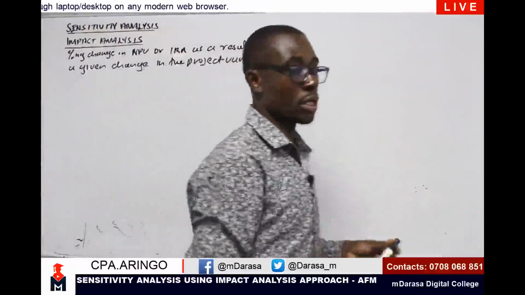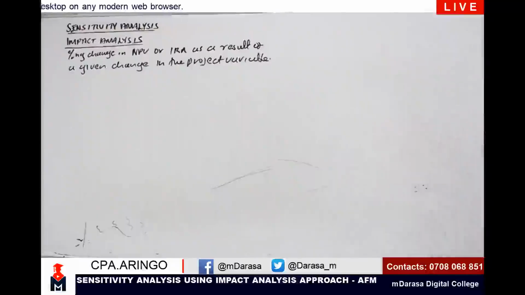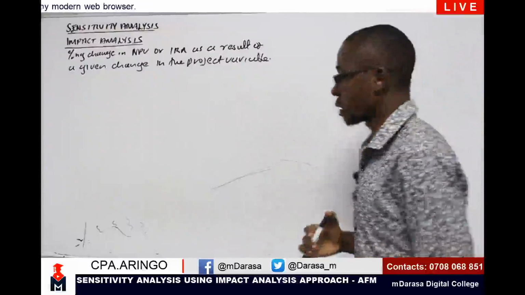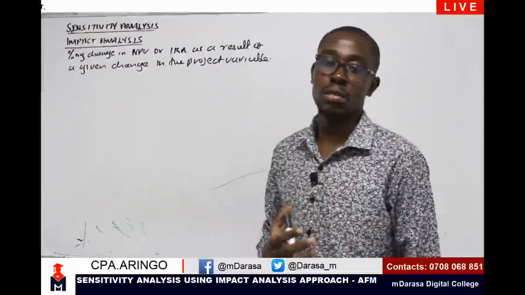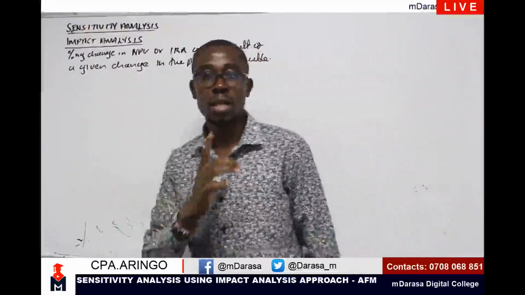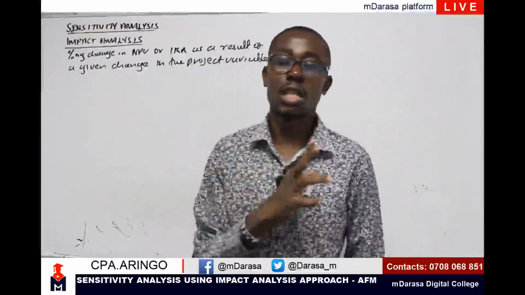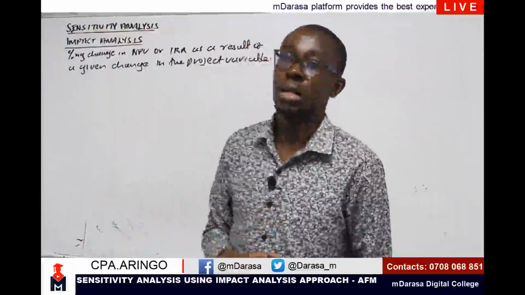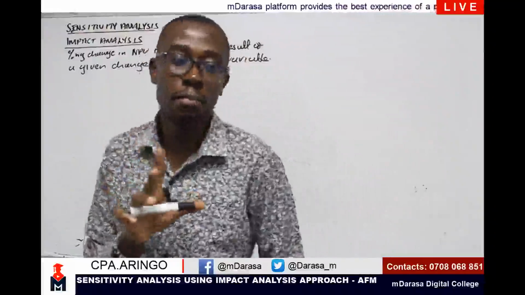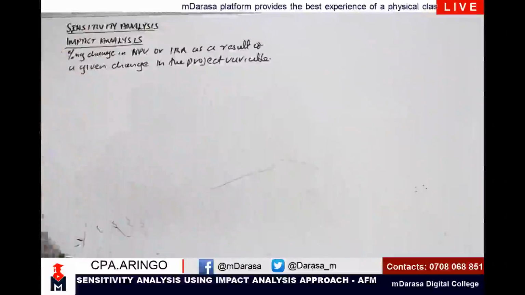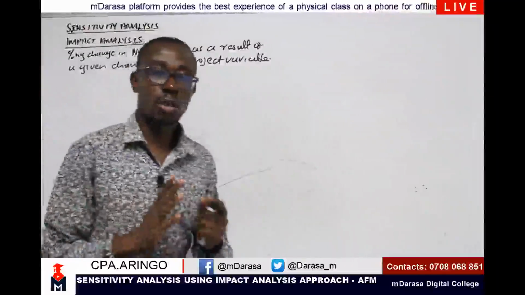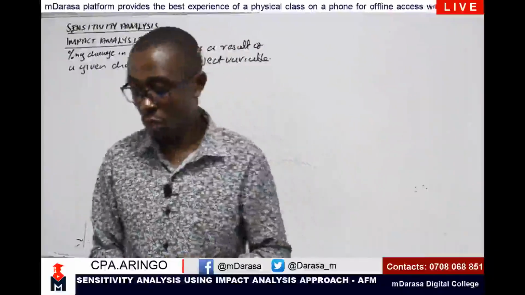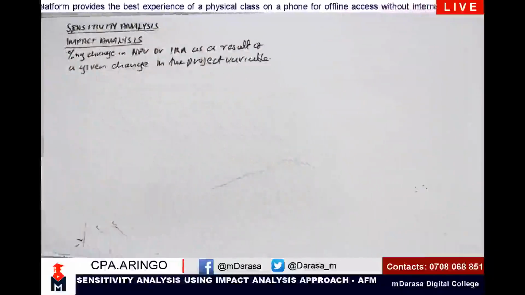So under impact analysis, our task will be to see the impact of the percentage that you're given on changes in our NPV. Recall in break-even, you are looking at the tolerable change under each variable. But our focus on impact analysis will be on NPV. That is the most important item for us to consider.